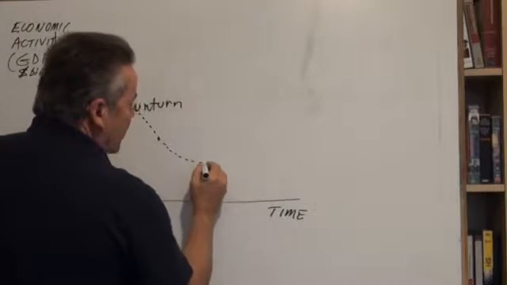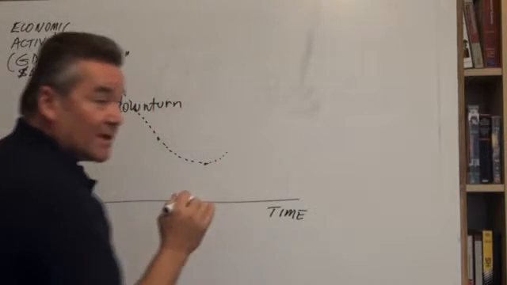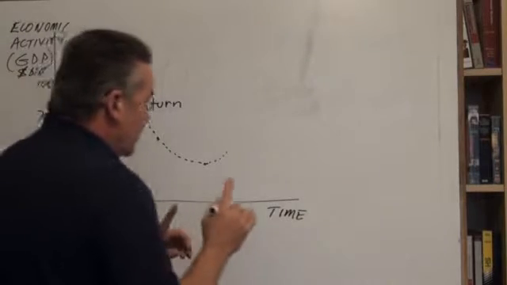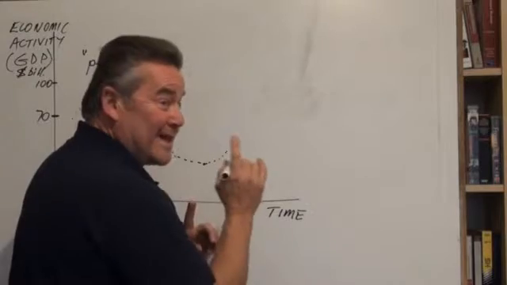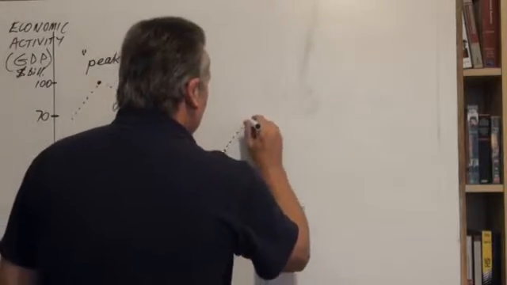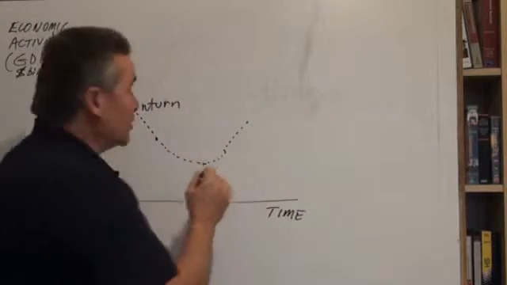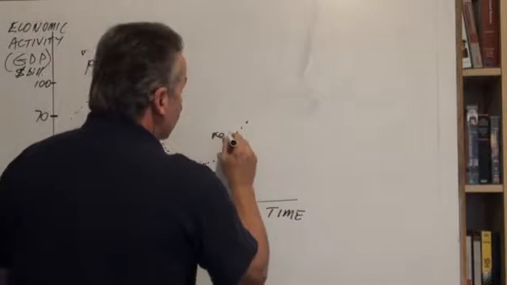And what we can observe is that, again, over time, and we're not exactly sure how this happens, but it does happen, we start to experience what we call a recovery.